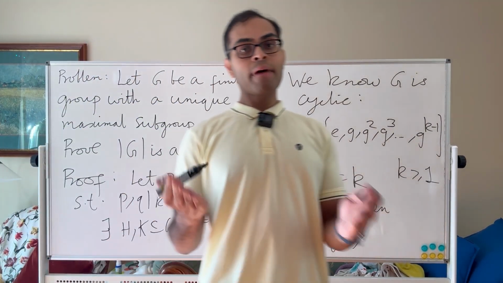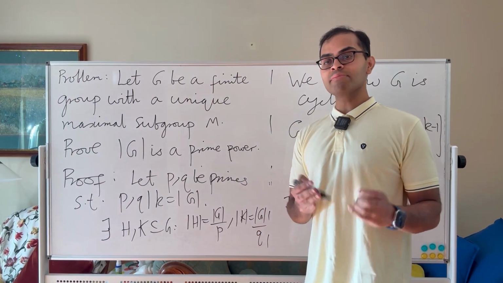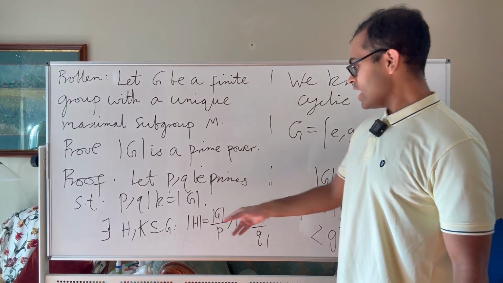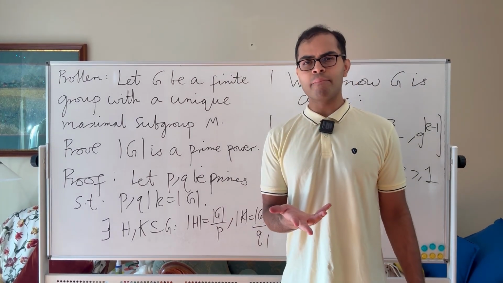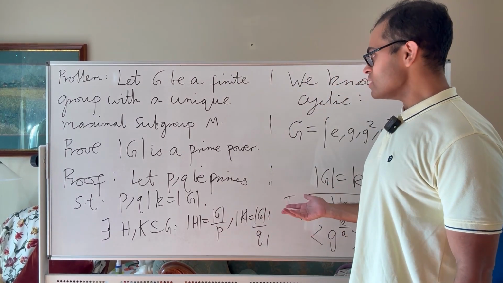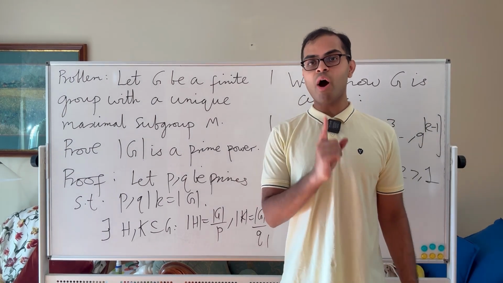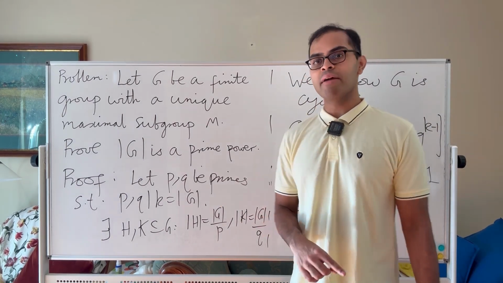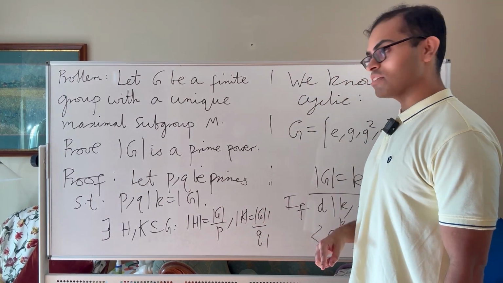But M is the unique maximal subgroup of G. So therefore H and K have to both be contained in M. But how is it possible? Because by Lagrange's theorem, the order of H has to divide the order of M and the order of K has to divide the order of M.